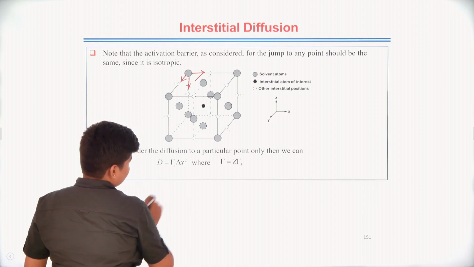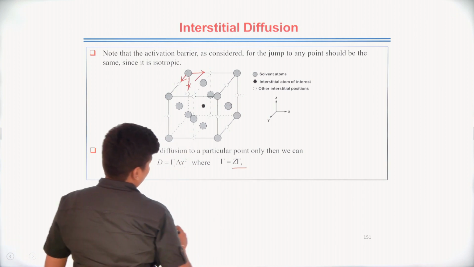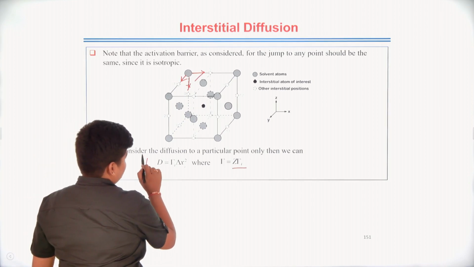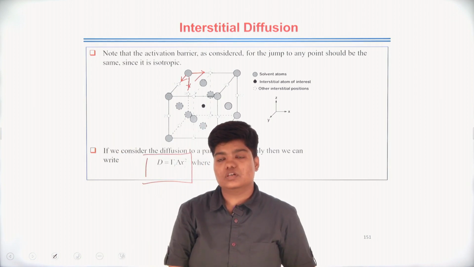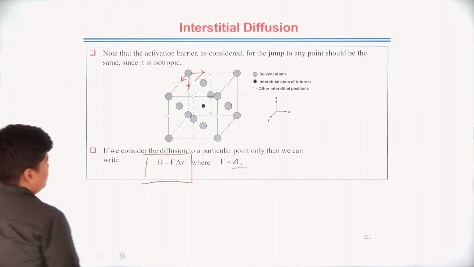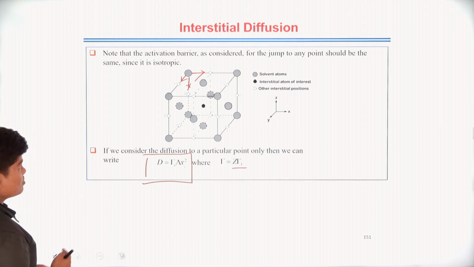That is sigma I del x square, where sigma is Z sigma I. This is the formula for the diffusion coefficient for an FCC crystal. D is equal to sigma I del x I square, where sigma is Z into sigma I, and del x is the lattice parameter, that is the difference between two adjacent planes.